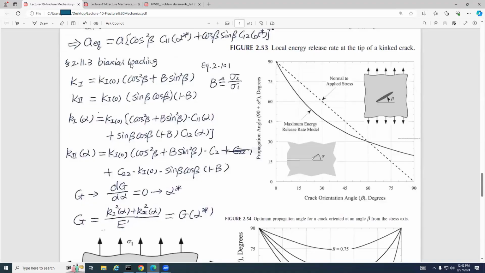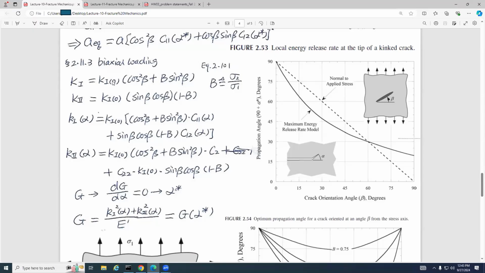With biaxial loading, we use superposition, and Ki equals Ki0, where Ki0 is the stress intensity factor for the crack with no orientation, meaning the crack is perpendicular to the load. So we have these two equations for K1 and K2. So lowercase k1 alpha and k2 alpha, and we have these equations also with C11, C12, C21 and C22. They are given, and we already know that.